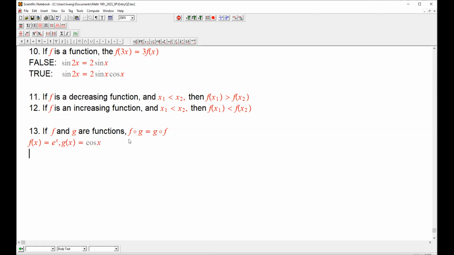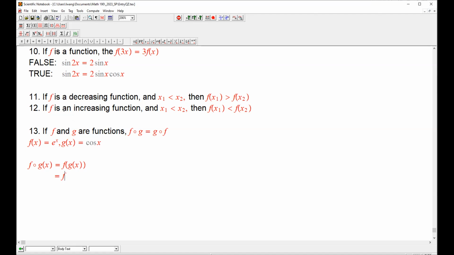What is f composite g? F composite g of x equals f of g of x, right? You may like to take this opportunity to look at composition and decomposition. I'm going to point to which video you like to watch.